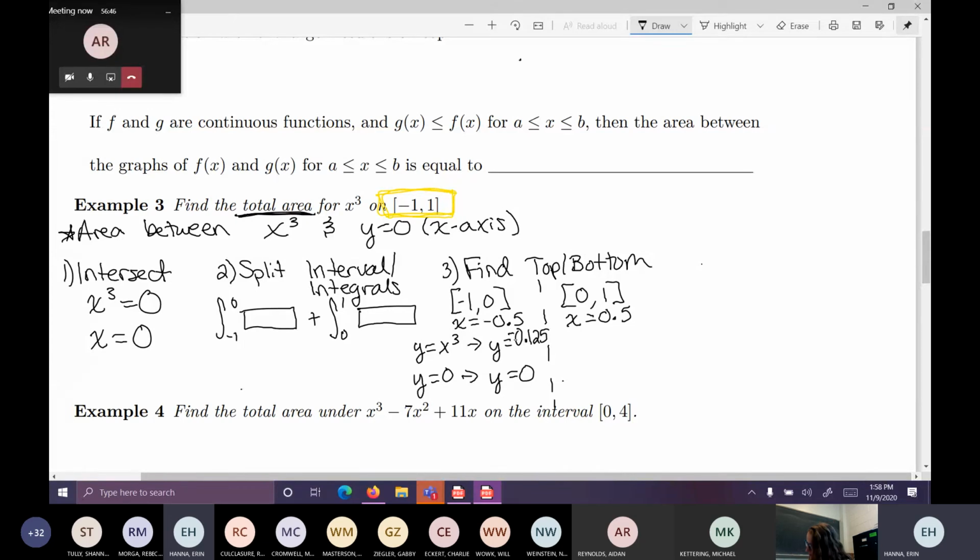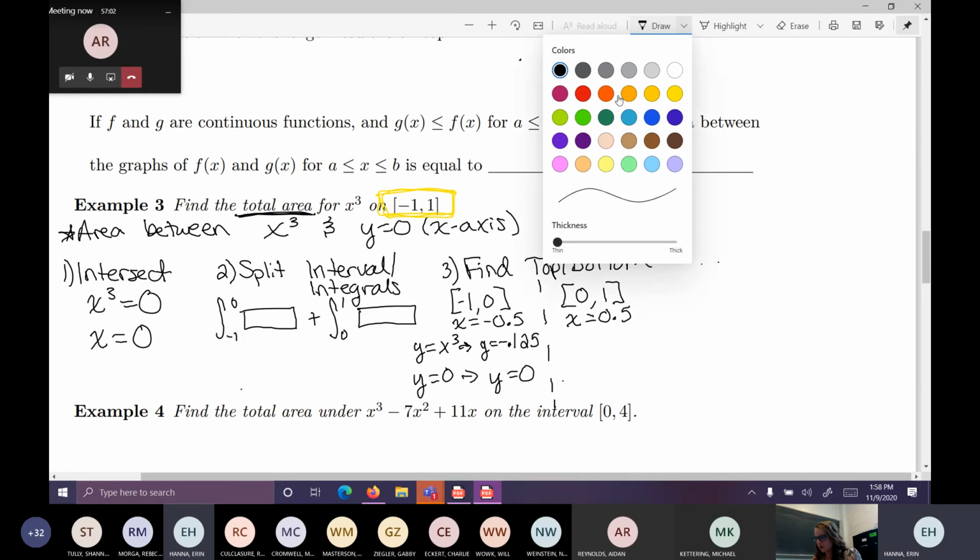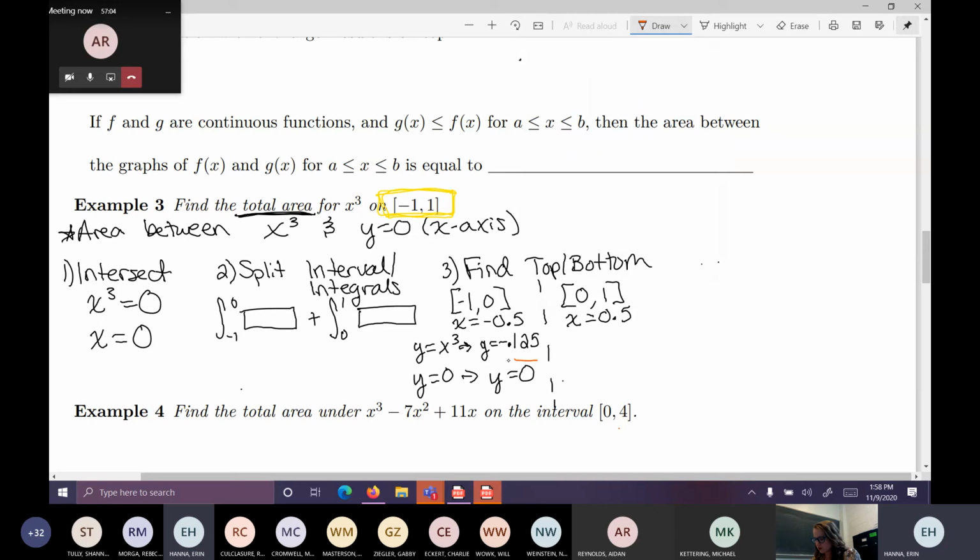Let me try to clean this up the tiniest bit. Nope, decimal's in the wrong spot. There we go. Which one of those two numbers is larger? 0 is. Barely, but it's larger. So that means that this one's our top function. And hopefully you'll see what I mean by top function in a second.